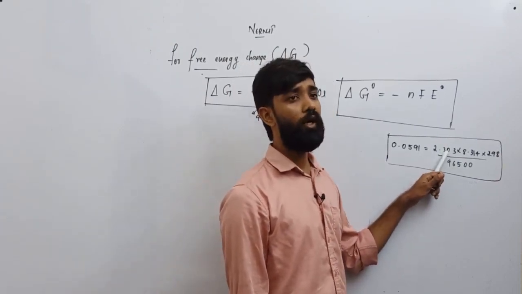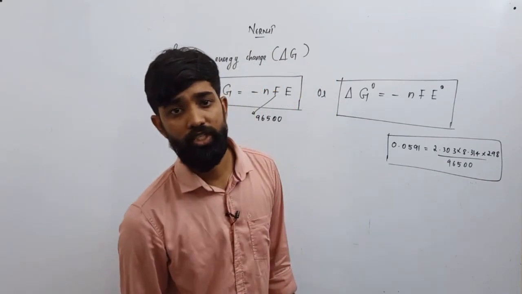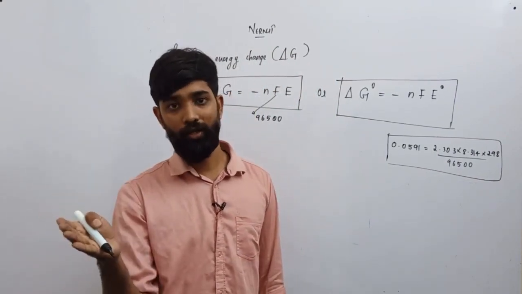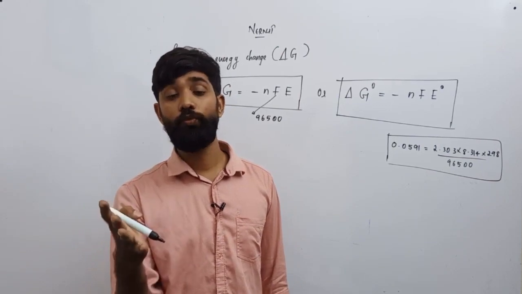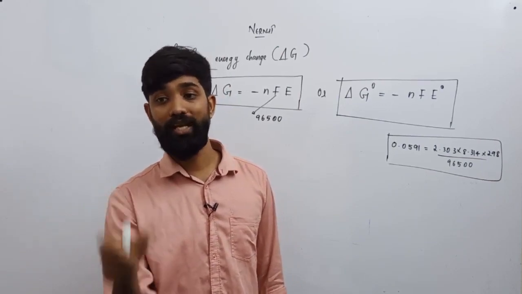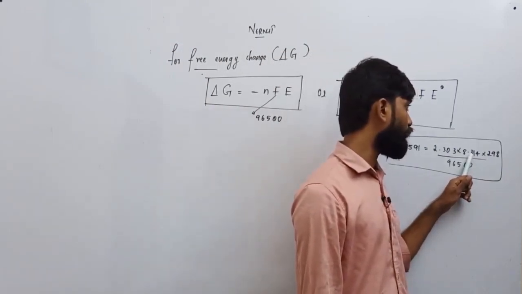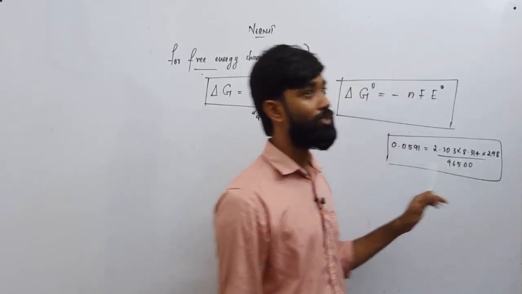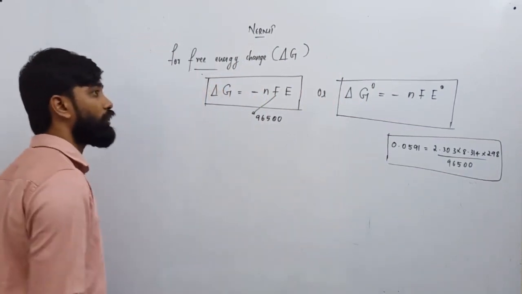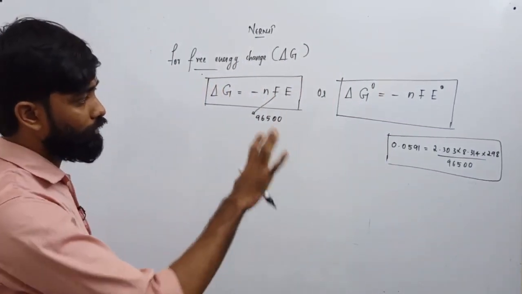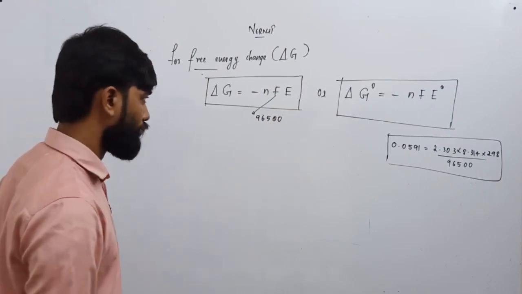2.303 is the constant used for changing the base of natural logarithm to common logarithm. And 8.314, you know, is the value of the gas constant. 298 is the standard temperature in electrochemistry. So if you multiply and divide with all these values, you obtain 0.0591.